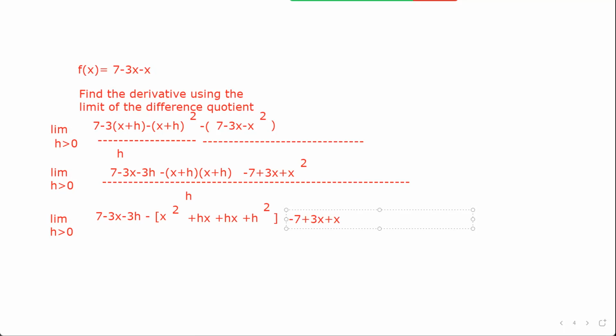Do you see that? Yes. Now we're going to divide that by h. Whoops, I have to make it longer.